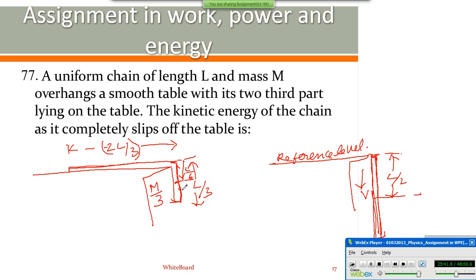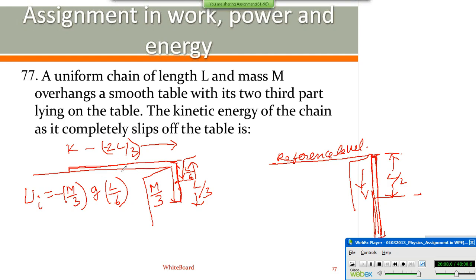So the initial potential energy of the chain is the mass of the hanging part into g into the vertical height of the center of mass below the surface of the table. We put a negative sign because we are assuming the gravitational potential energy to be 0 on the surface of the table.